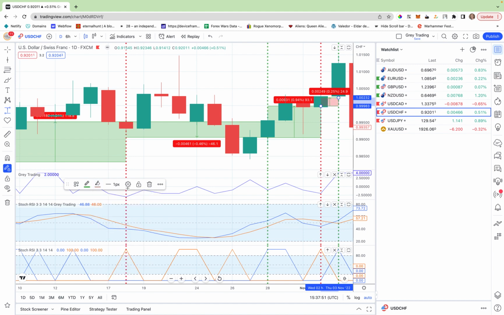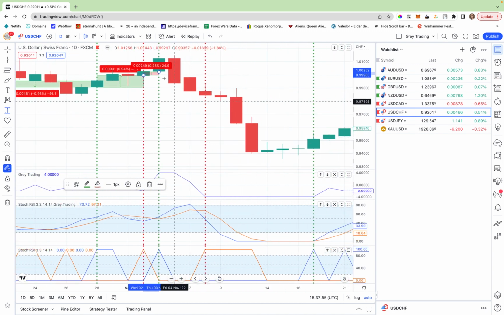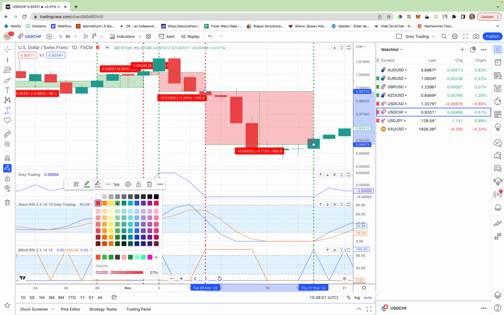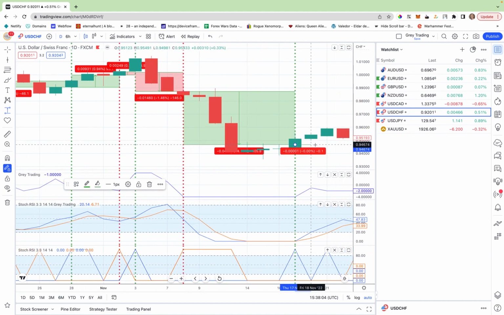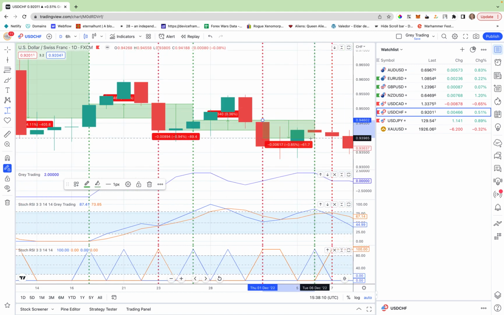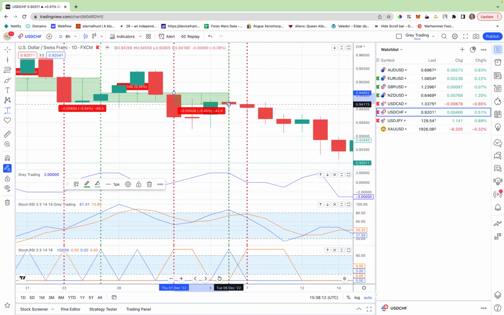Okay, so we won really quite a lot of trades in a row then, but then just got this loss. Seems to be performing quite well.